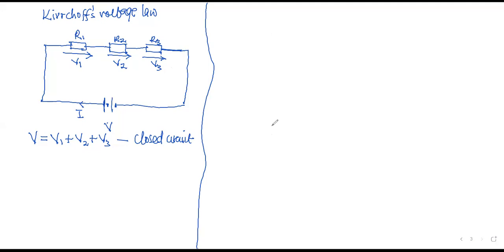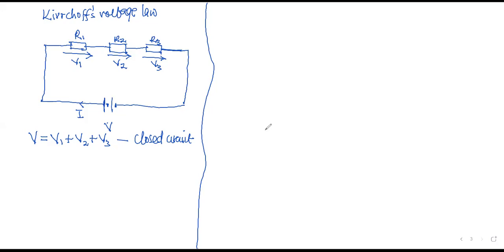Please, if you are writing, state it or write it as I'm giving you. In a closed circuit, the sum of potential difference across all resistors or loads must be equal to the source potential difference.